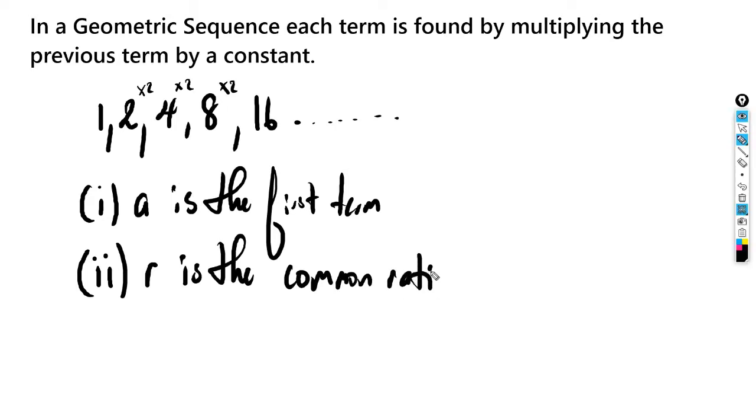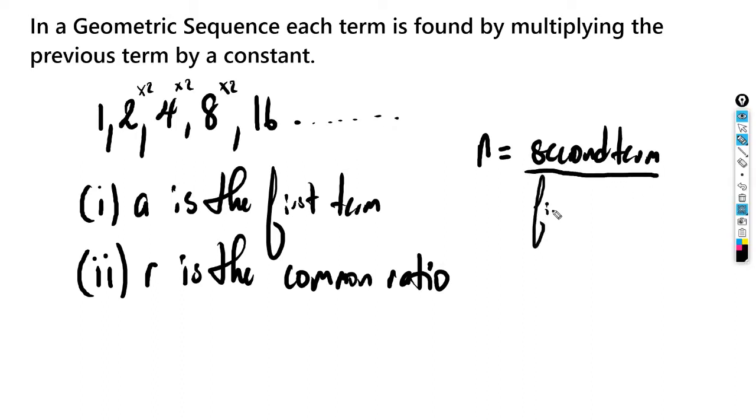This common ratio is found by simply dividing the second term by the first term. So all you have to do is divide the second term by the first term in order to find r.